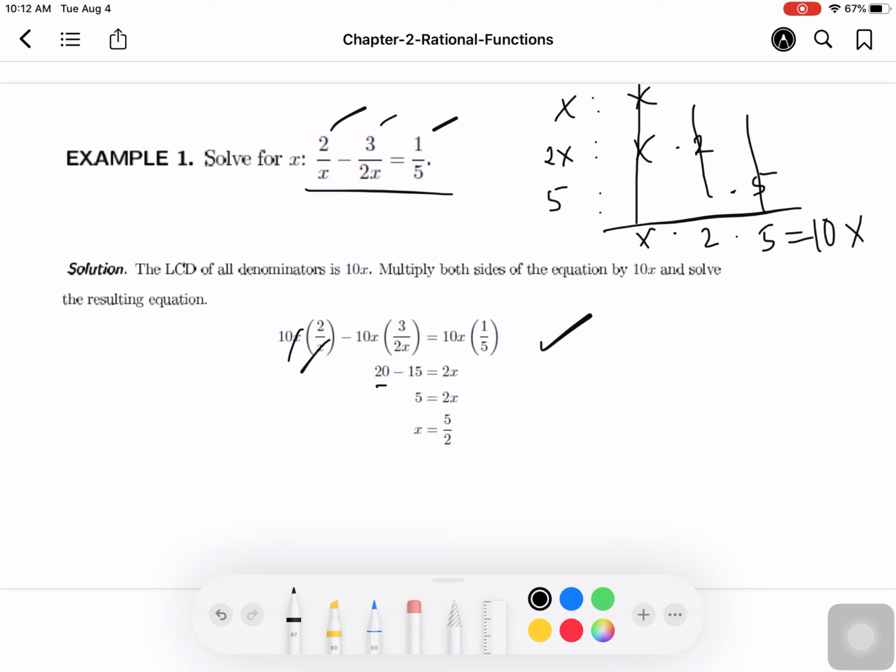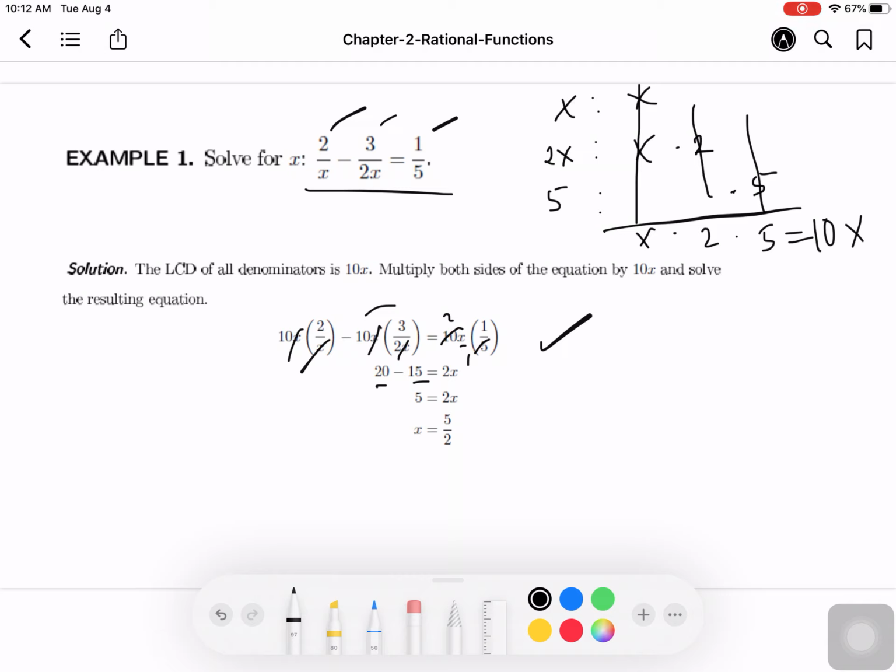That is why we have 20. x will cancel out. So that is why we have 30. 10 times 3 is 30 divided by 2, we have 15. And of course, cancel. So 2 times 1 is 2. Then meron pang x, so 2x. So it is easy na to manipulate because hindi na fraction.